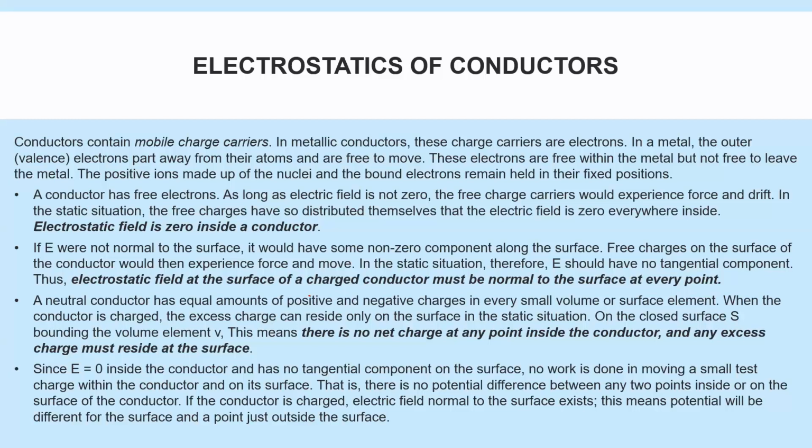And the next property is, as we had also seen before when we were trying to understand the electric field over a surface: suppose there is a charge configuration over a surface. If the electric field is not normal or perpendicular to the surface, then we will have a non-zero component along the surface. So the free charges on the surface of the conductor would experience force and move.